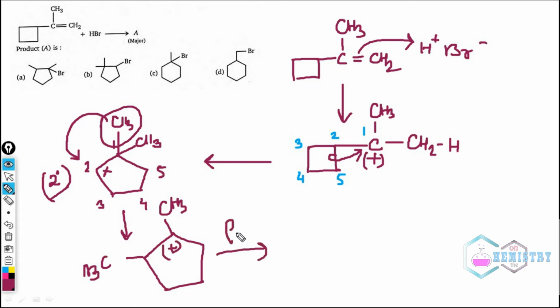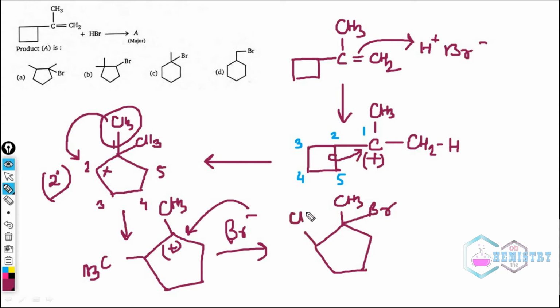Now the bromine will attack this carbon and the compound will be formed like this: CH3, Br and CH3. So this is the compound that we have, and the answer will be option A. This is the only compound.